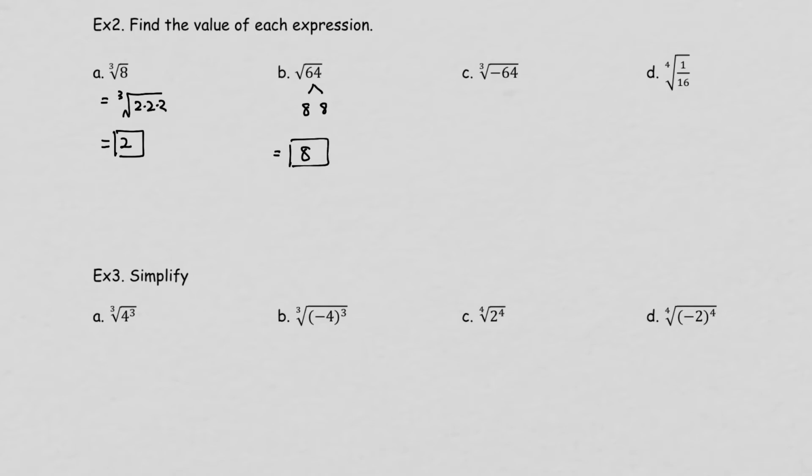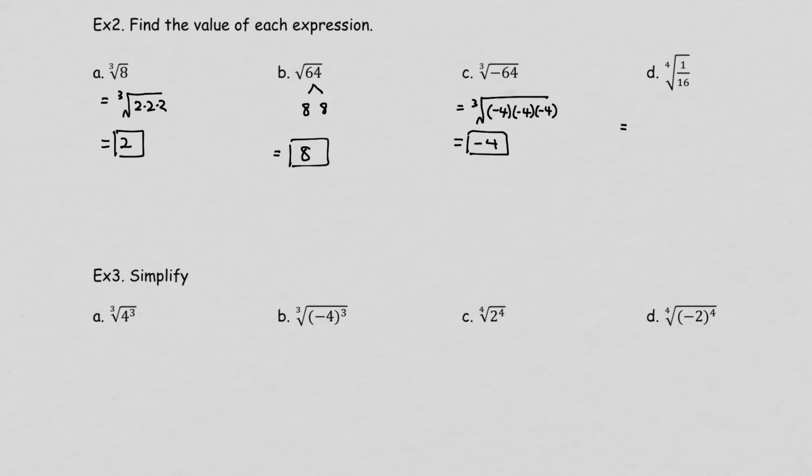This cube root, you have to have 3 of the same number. And having negative 64, we know that negative 4 times negative 4 times negative 4 will give you negative 64. So your simplest expression of that radical will be negative 4.